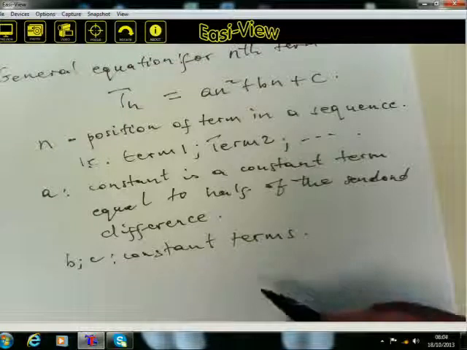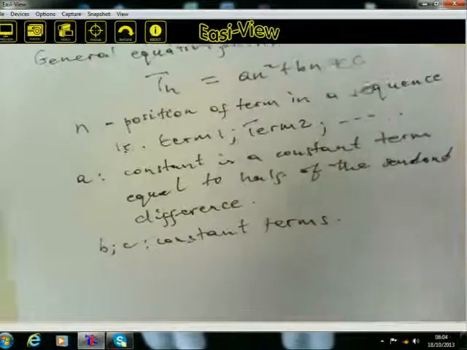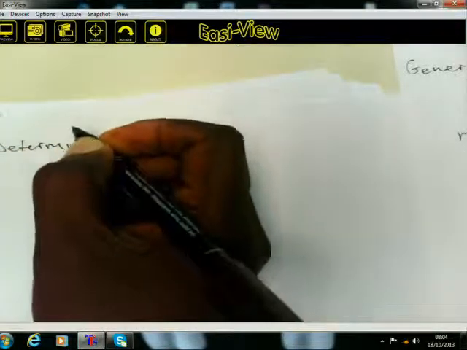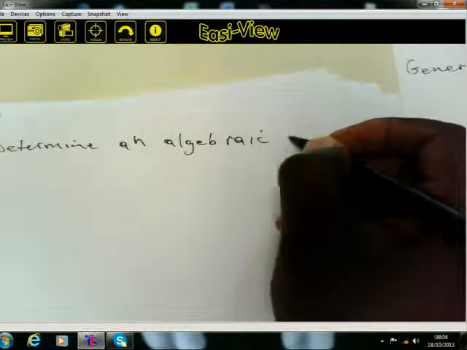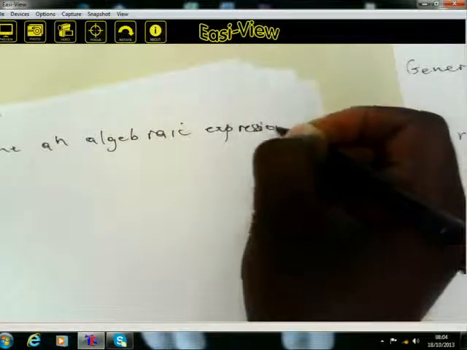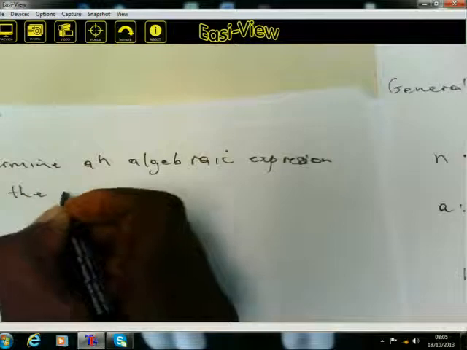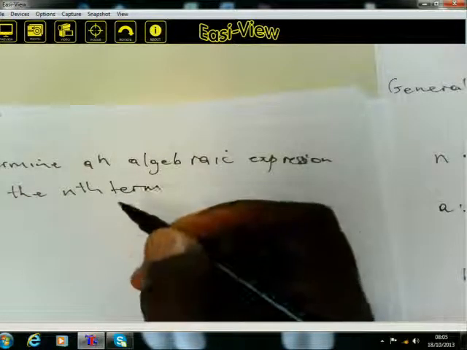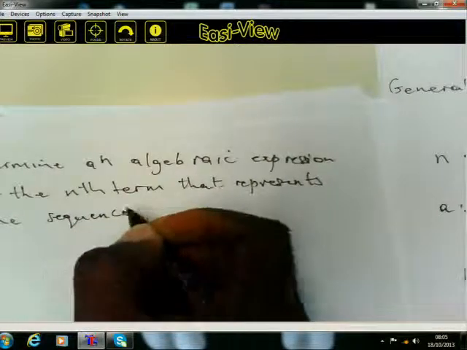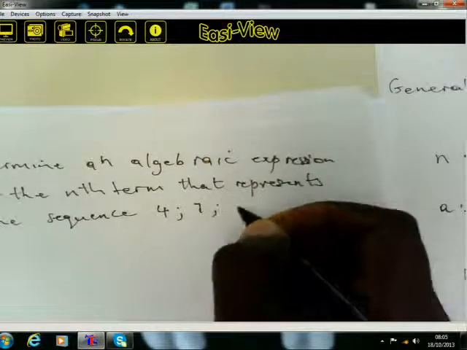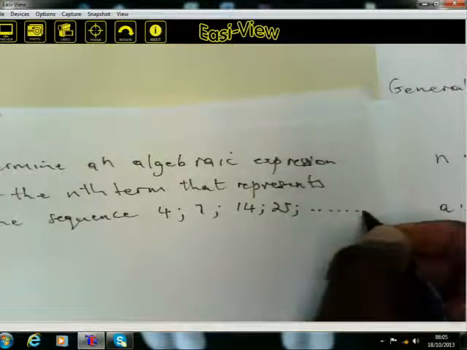Here I have an example where it says: determine or find an algebraic expression for the nth term that represents the sequence 4, 7, 14, 25, and so on, up to infinity.